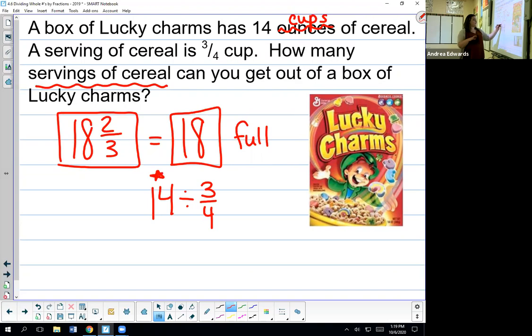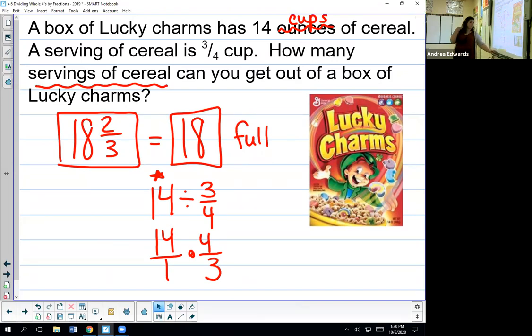You never flip this one. And then you flip the second. So it's keep the first, multiply by the reciprocal. You have to know you're starting out with 14 full cups. Okay, does that help?